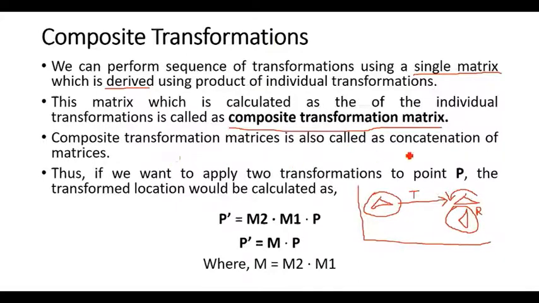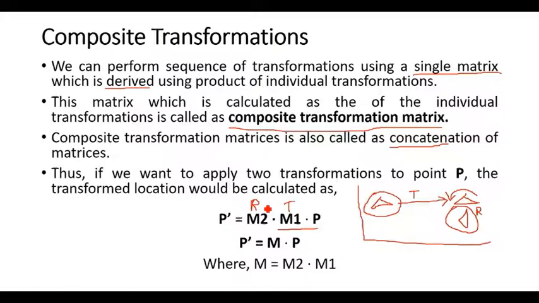Sometimes it is also called concatenation of matrices. Here, see, I have P. Assume M1 is my translation and then my rotation, right? So I should have multiplied P with T, and then the result of that multiplication with R, in order to get my transformed object.